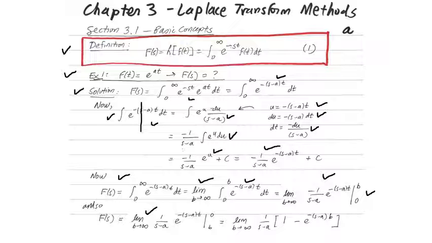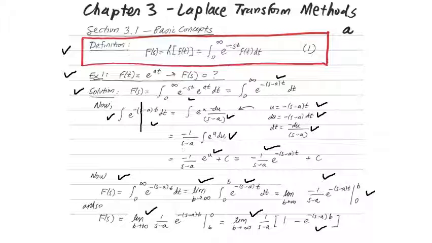Now I'm just plugging in here. In the next step, I'm plugging in 0 for t. For the upper limit, that gives me e to the 0, which is 1. And plugging in b for t in the second term.